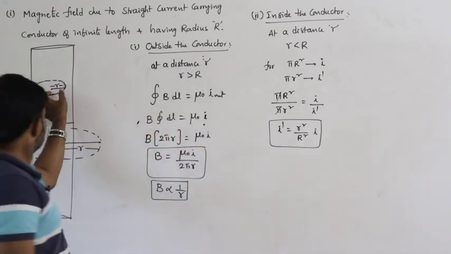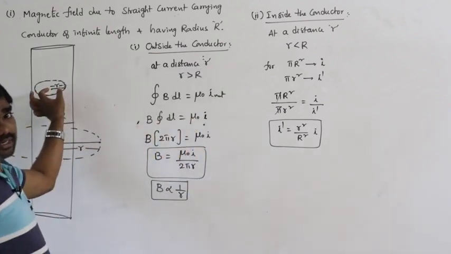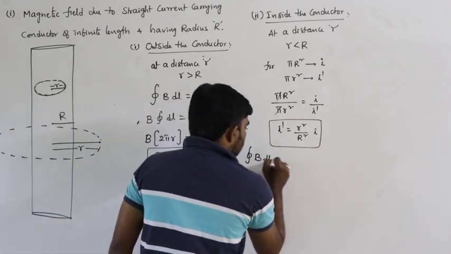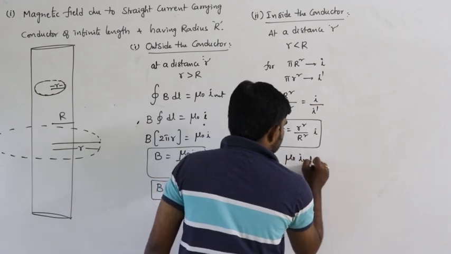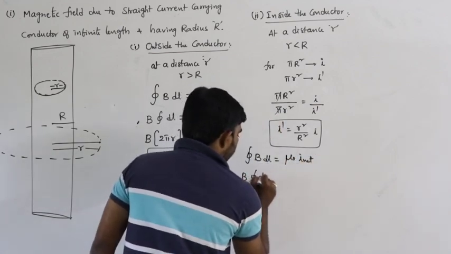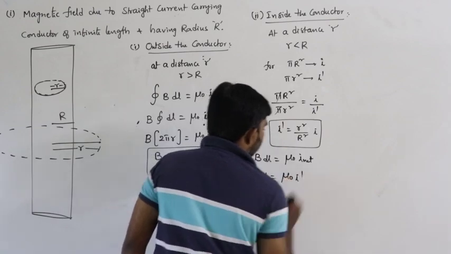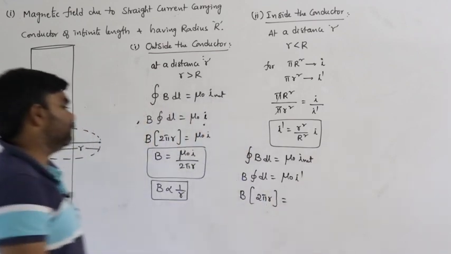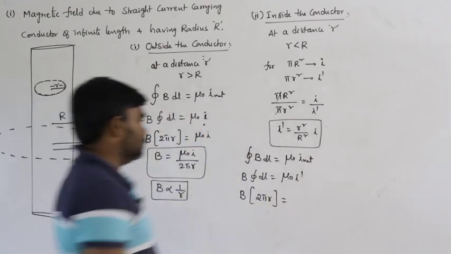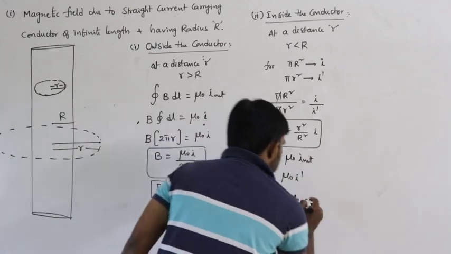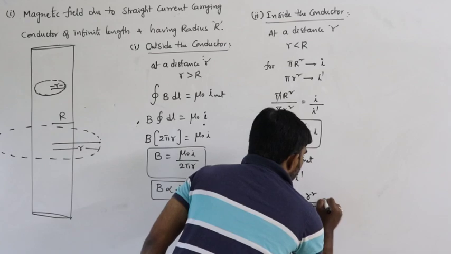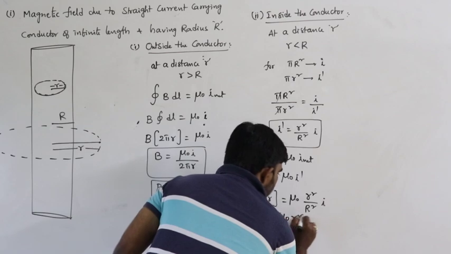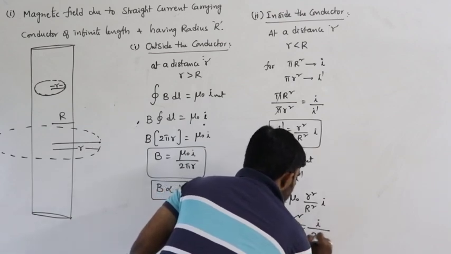Now we have to calculate the magnetic field. According to Ampere circuital law, integral of B dl is equal to mu naught I net. B into integral of dl, where I net is I dash, and the length of the Amperian loop is 2 pi r, is equal to mu naught into small r square by capital R square into I. So B is equal to mu naught r square I by capital R square into 2 pi r.